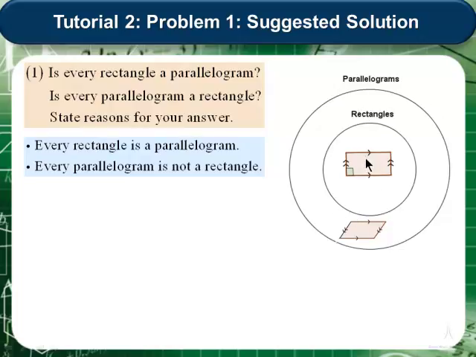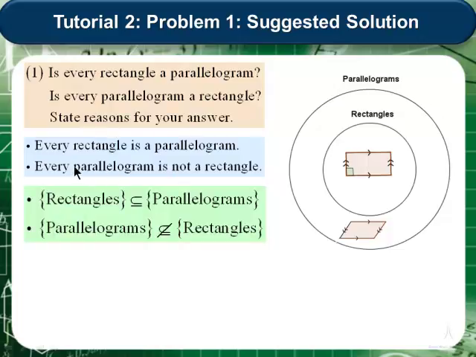In other words, every rectangle is a parallelogram, but not every parallelogram is a rectangle. The first question was, is every rectangle a parallelogram? The answer is yes. Second question, is every parallelogram a rectangle? The answer is no.